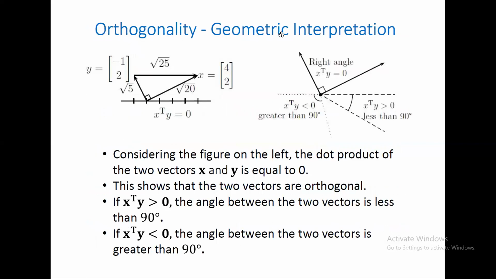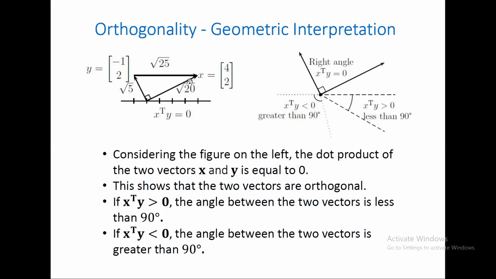Then we have orthogonality and its geometric interpretation. Consider the figure on the left here. The dot product of the two vectors x and y is equal to 0 because they are perpendicular to each other. This is the vector x with values 4 and 2. This is the vector y with values -1 and 2. The length of x is root of 4 square plus 2 square, that is root of 20.